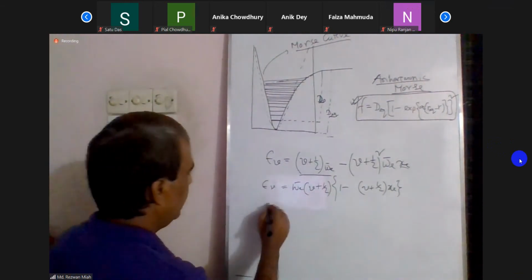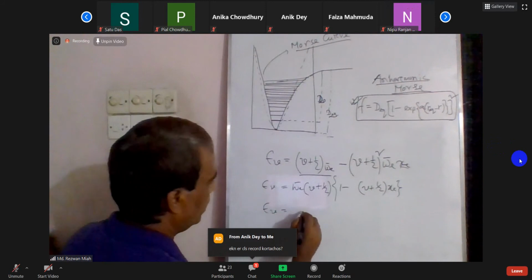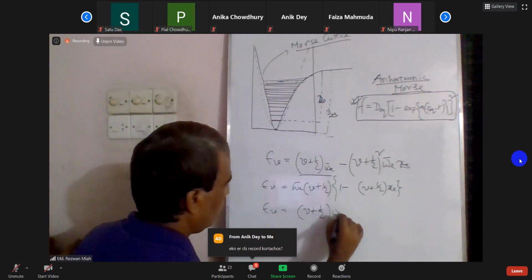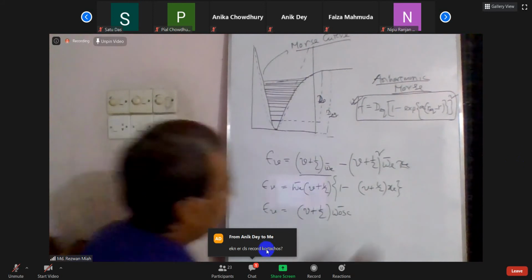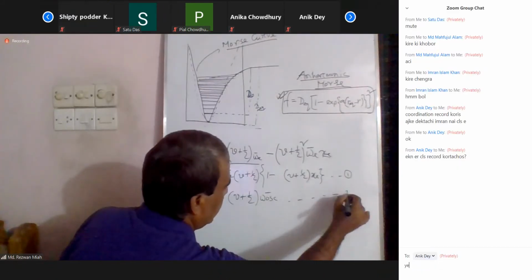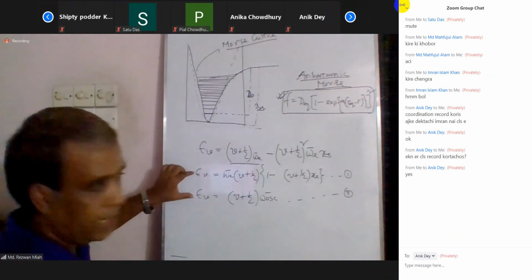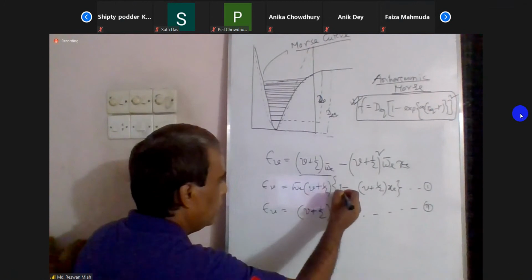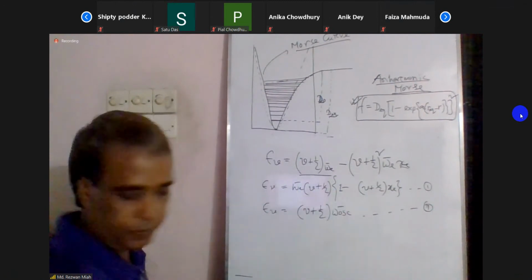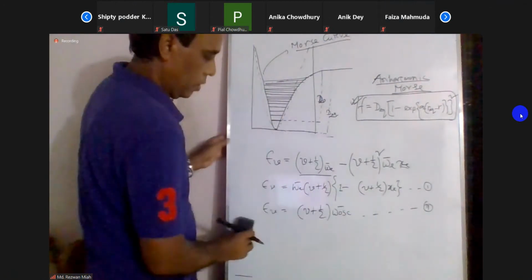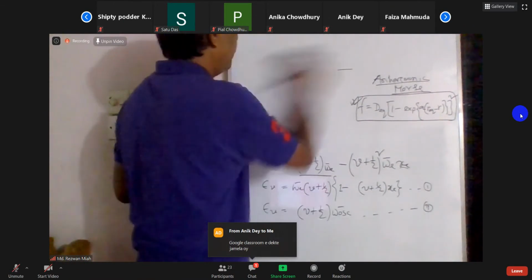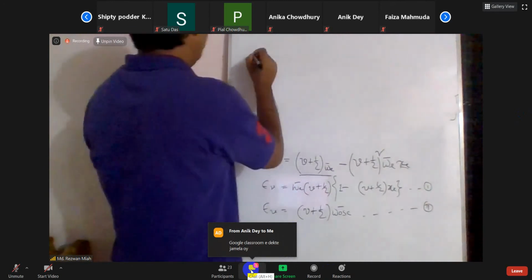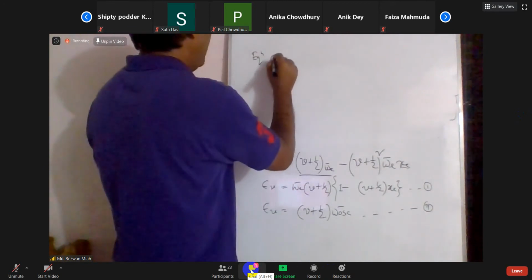And if we consider the harmonic case, we can also write it like this. Suppose this is equation 1 and this is equation 2. The left-hand sides of equations 1 and 2 are the same, therefore the right-hand sides must be the same.